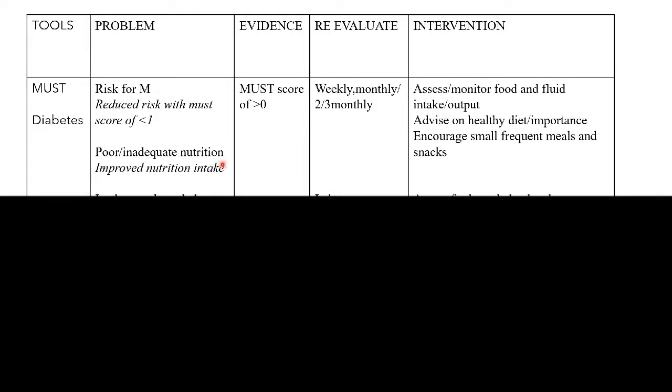Now, if you are in planning and we are using risk for malnutrition, it's better not to use two nursing problems whose interventions could be similar. If you use this and this, you can find yourself writing almost the same interventions, and they might not allow that.